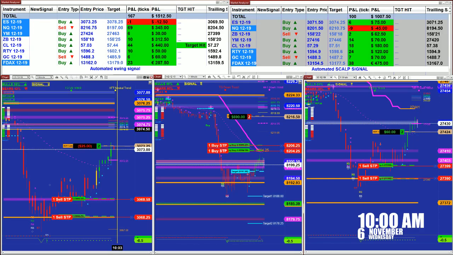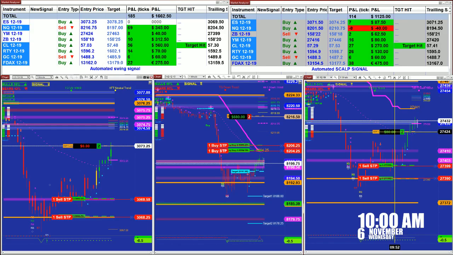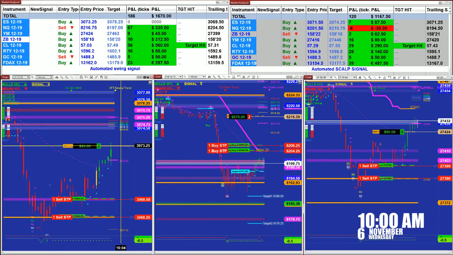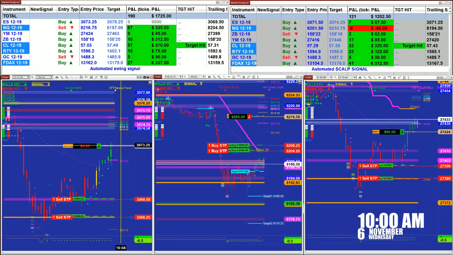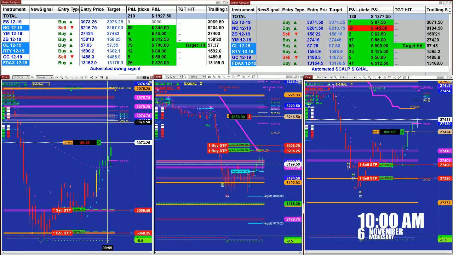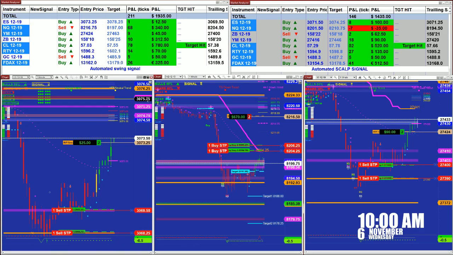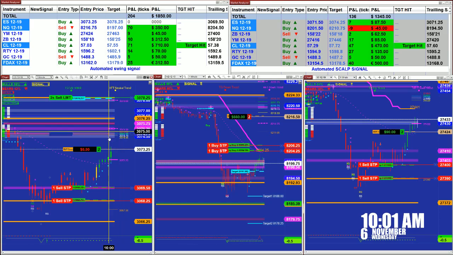That's why I do not recommend taking that YM trade and that ES trade. Even if the buyer is trying to push it, it's going to stop at 3074.25. So, the target is all the way there.